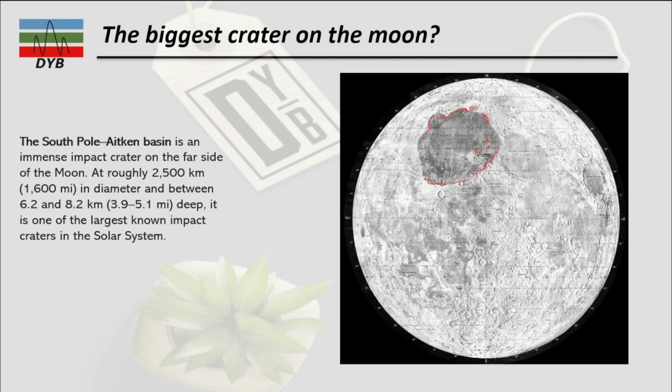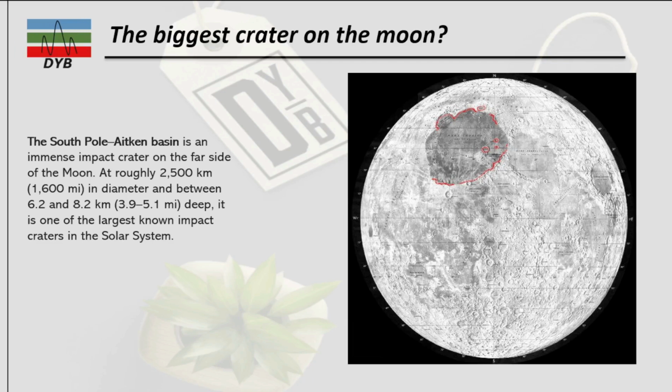It's roughly 2,500 kilometers in diameter and between 6.2 to 8.2 kilometers deep. As I mentioned, in some places you will find 8 to 9 kilometers deep. It is also one of the largest known impact craters in the solar system, the largest in the whole solar system that we have explored to date.